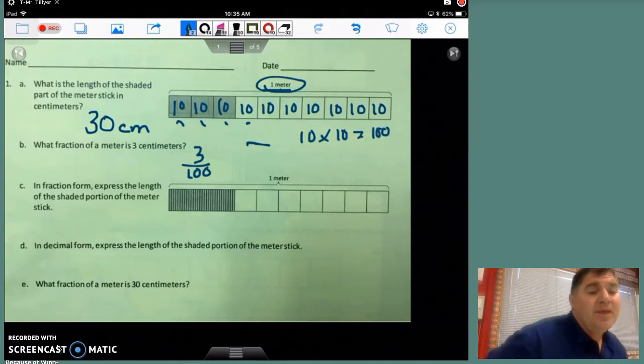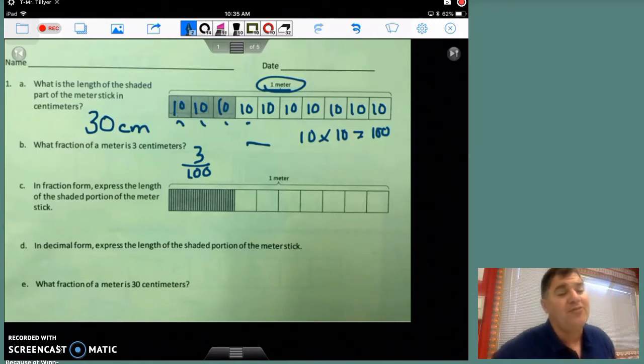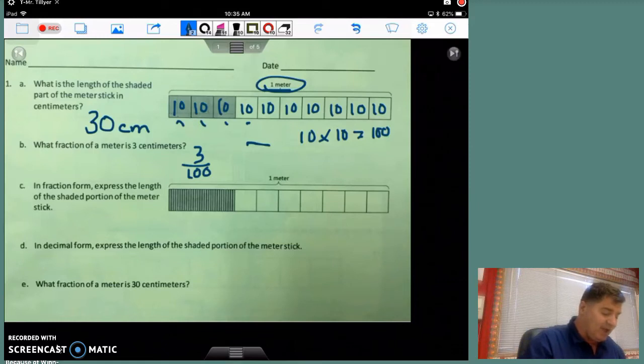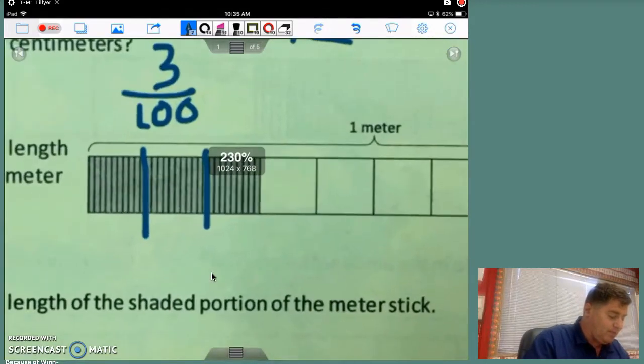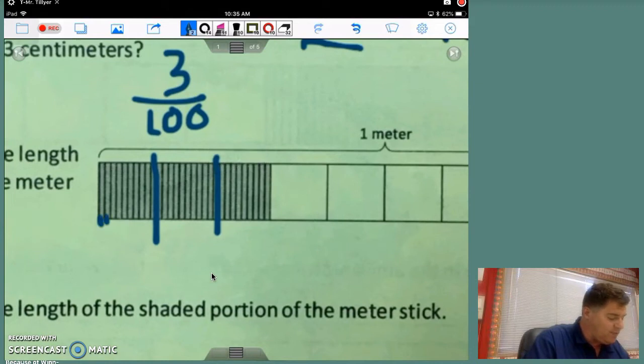The next one. In fraction form, express the length of the shaded portion on the meter stick. Now this one, if we continue, we can see that there's really 10, 1, 2, 3, 4, 5, 6, 7, 8, 9, 10, and then 10 more, and then 10 more.